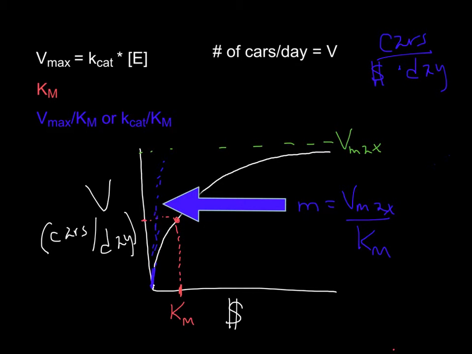Okay, so that tells you the number of cars your factory can make per day for the amount of the investment. So just because something is fast doesn't mean that it's very good at utilizing its resources, or just because it has a really high or low Km doesn't necessarily mean it's going to have the highest or the lowest catalytic efficiency. So let's look at some specific examples here.